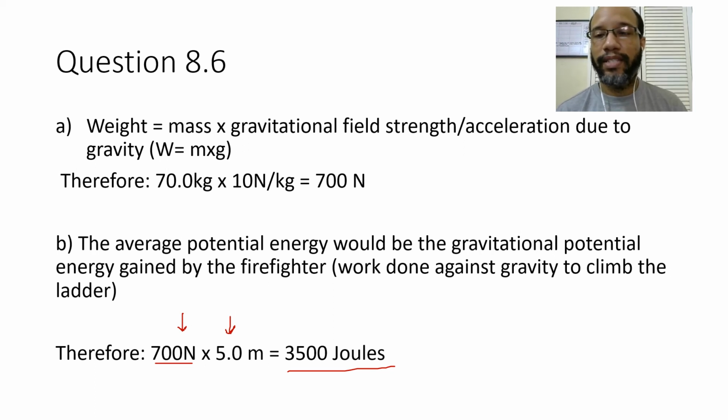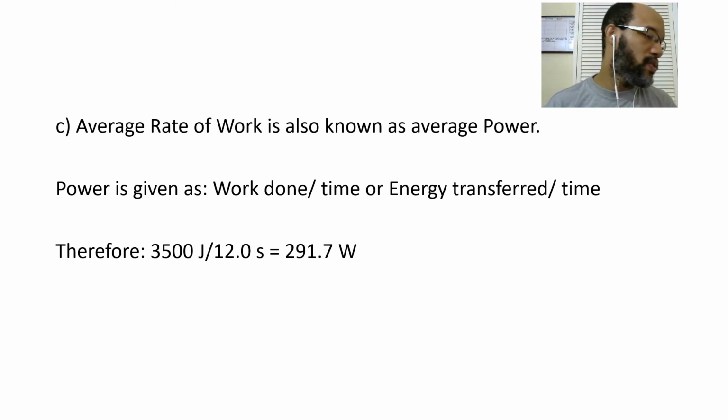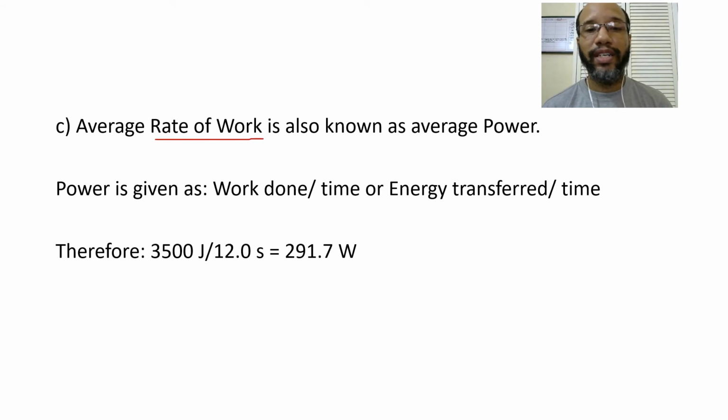And the final part, C, they want you to find out the average rate of work done by the fireman in climbing the ladder. Most important phrase in that question is rate of work. And the rate of work is the same as power. So they want you to find his average power, which simply means just to calculate the power.